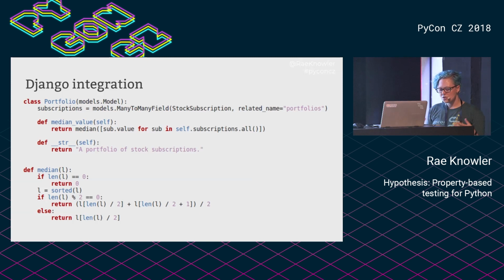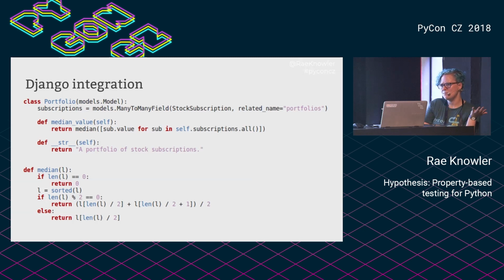Because I, as a consumer who has my portfolio and wants to know what I'm worth, want to be able to see at a glance the median value of all of the stocks that I subscribe to on this website. And for some reason, I've decided to define my own median function because I'm lazy but also a very clever programmer.